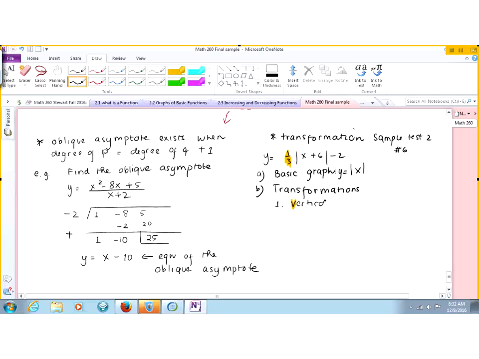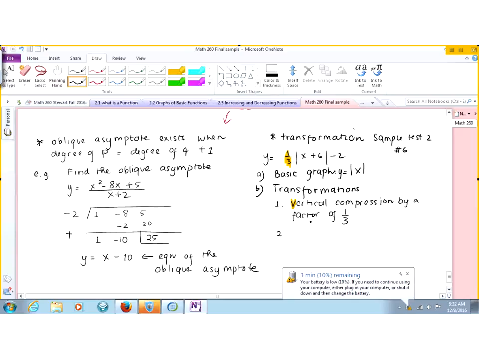So vertical compression, yeah, vertical, by a factor of 1/3. Yes. Good.